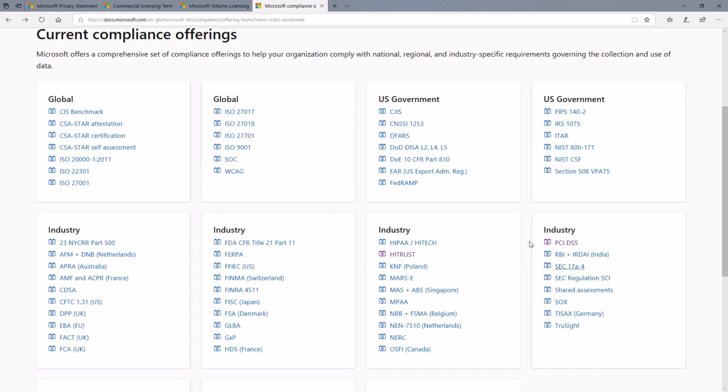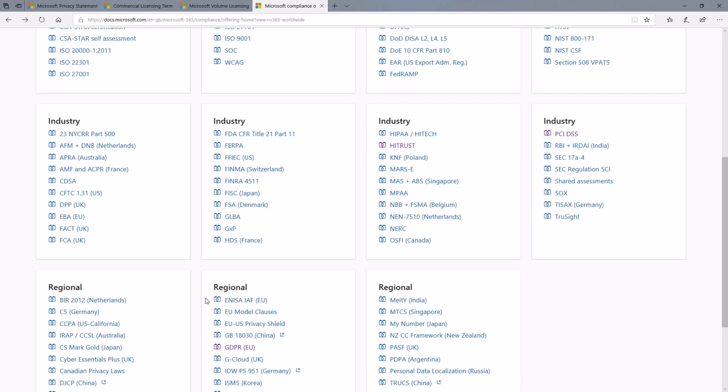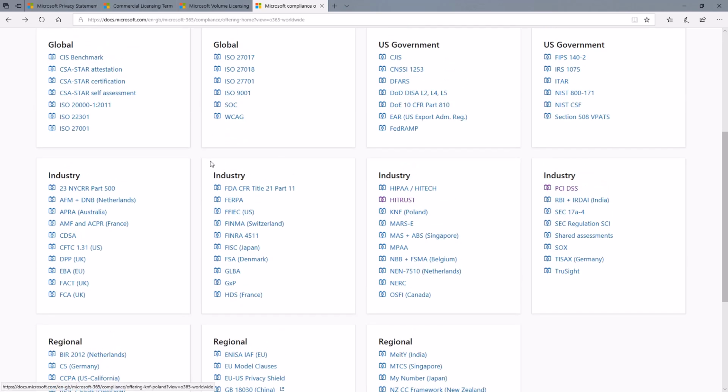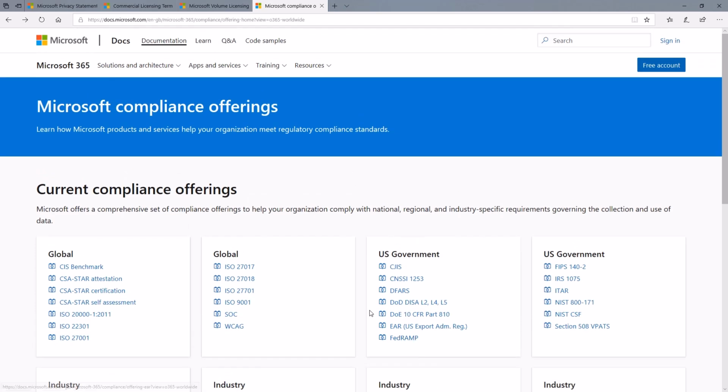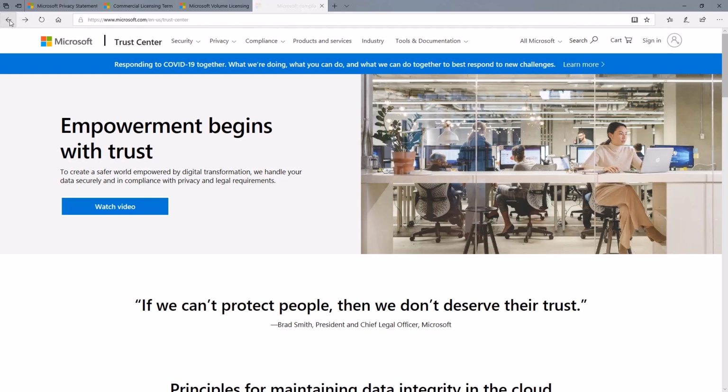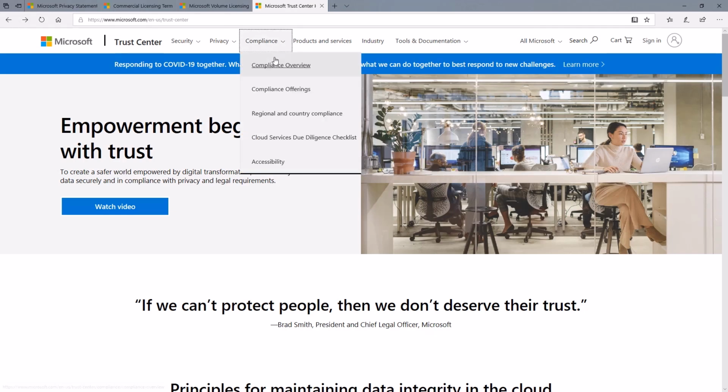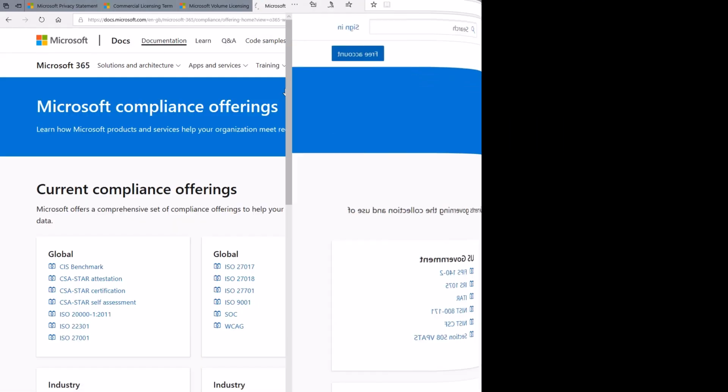And the standards categories that we've got are global, US government and regional. And then we've got all of these different industries, financial services, health, and media and manufacturing being principal ones of these. So that's the Azure Compliance Documentation. You can get there through the Trust Center by going to Compliance and Compliance Offerings.